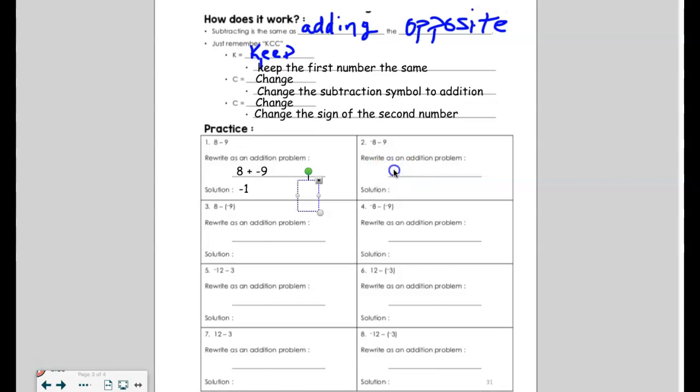And for the next one, we have negative 8 stays the same, change subtraction to addition, and a positive 9 becomes a negative 9. So we have the same signs, so we add and keep the sign. So we have negative 17.